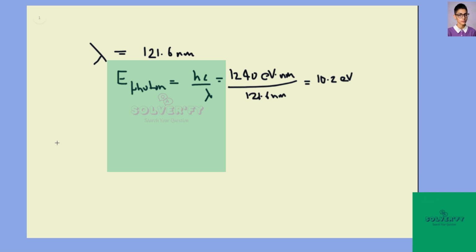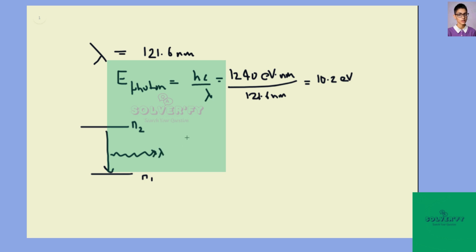Now this energy must have come from a certain transition. We make a transition from N2 to a certain N1, where this is the lower quantum number and this is the higher quantum number. The electron makes a transition. It emits a photon of wavelength lambda.